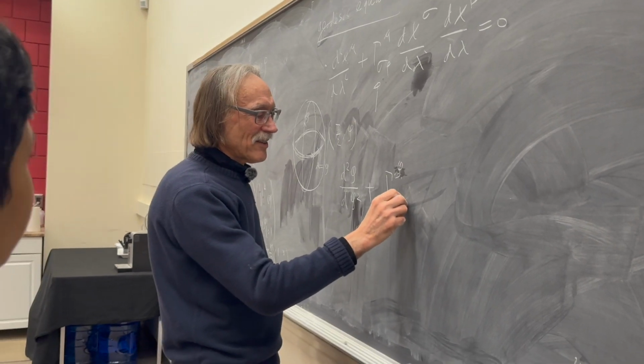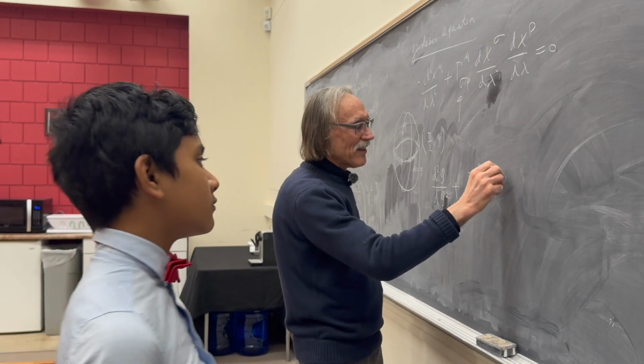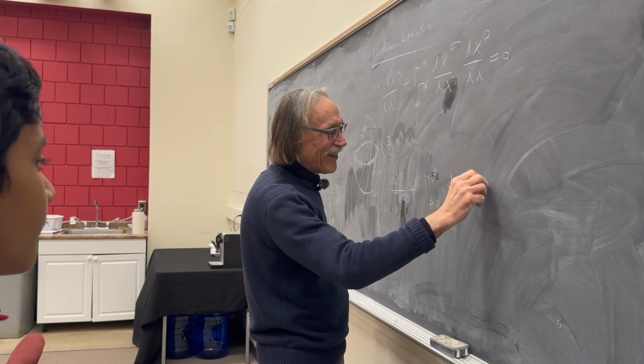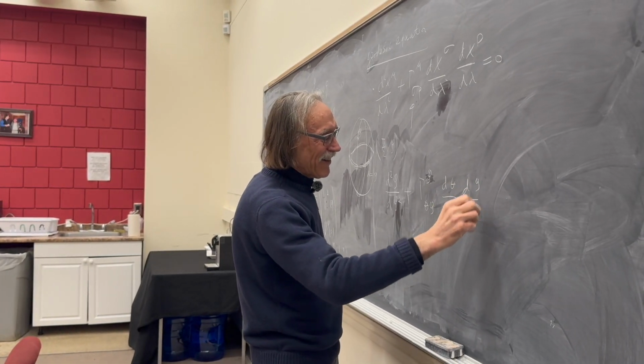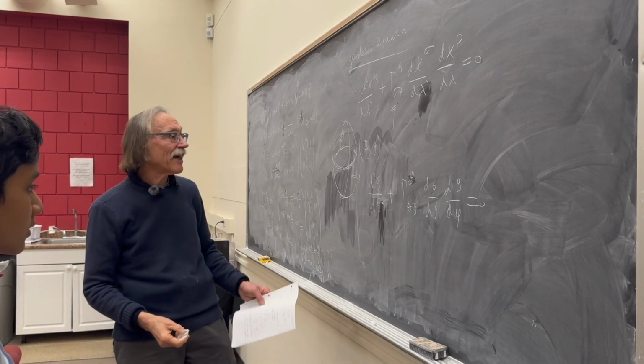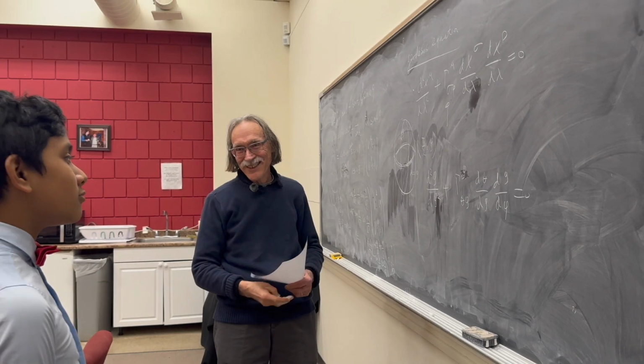I'm pretty sure it's phi theta, phi, and phi. Yeah, phi theta, and then you get d theta, d phi, d phi, d phi. And of course, this is equal to 0 because that vanishes. So you see that the equator is actually a solution of this geodesic equation.